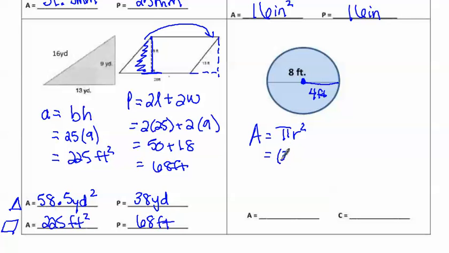We're going to use 3.14 for pi. R is 4. 4 squared is the same thing as 4 times 4. Once I multiply all this out, I get 50 and 24 hundredths feet squared.